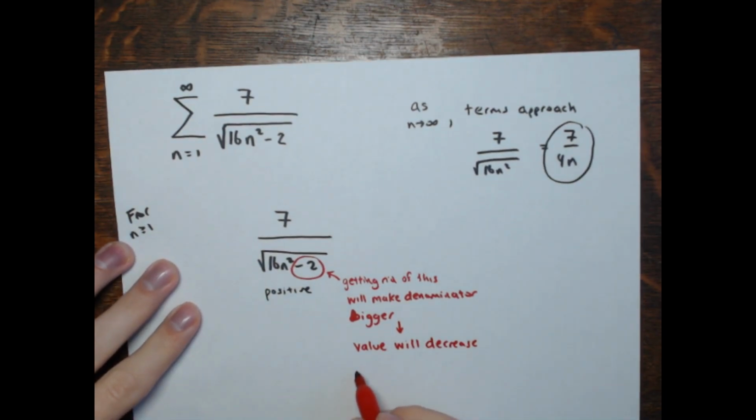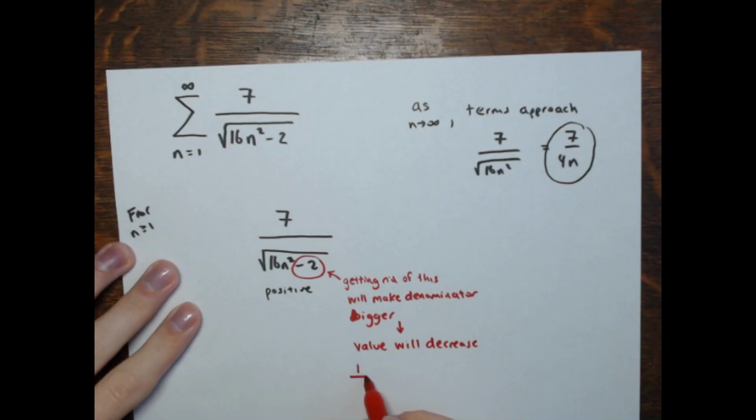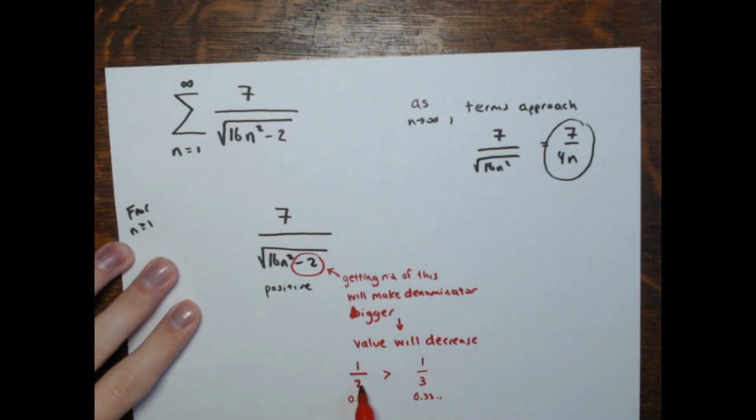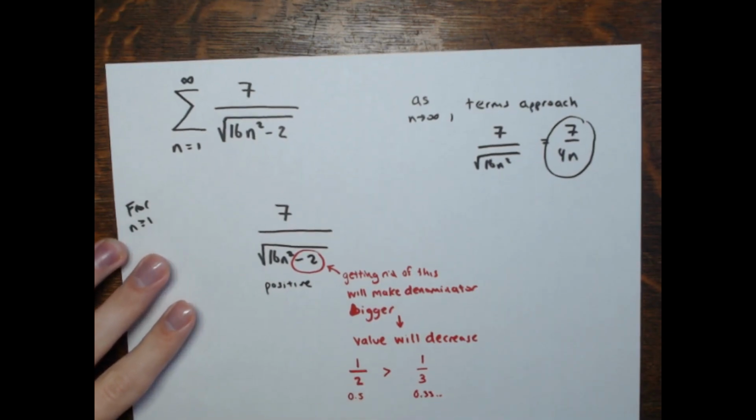For example, just take the reverse of what I did earlier. 1/2 is 0.5. If I make the denominator bigger, make it 3 instead, well, that's 0.33 forever, which is smaller. The one I started with was bigger. Right?